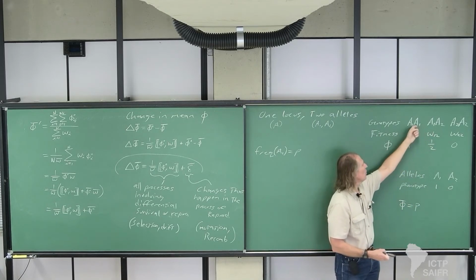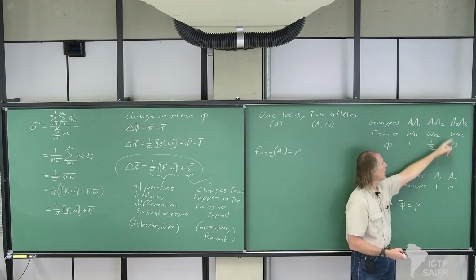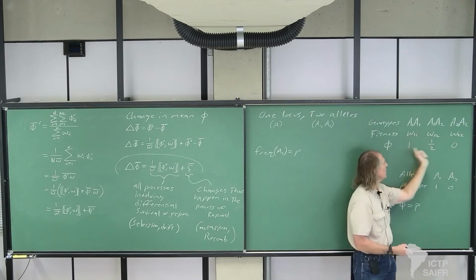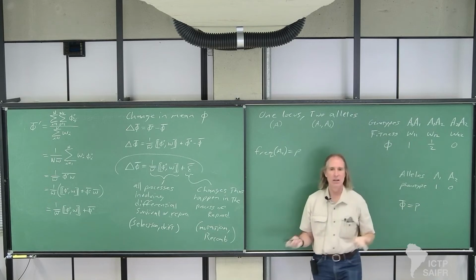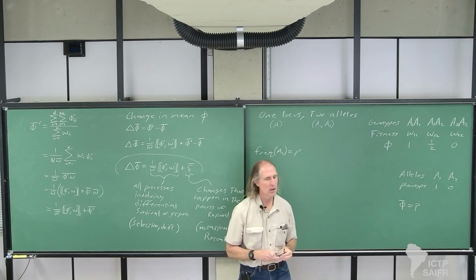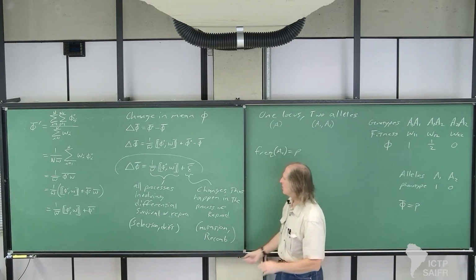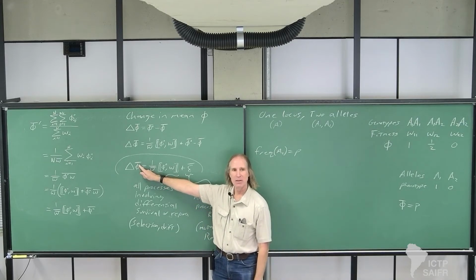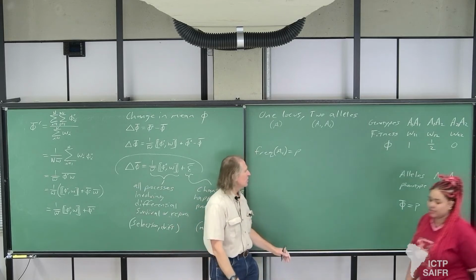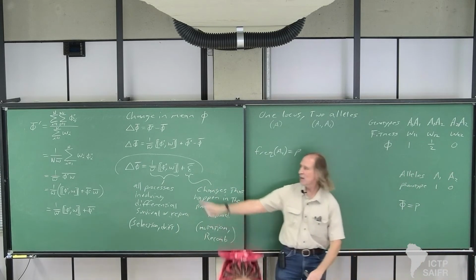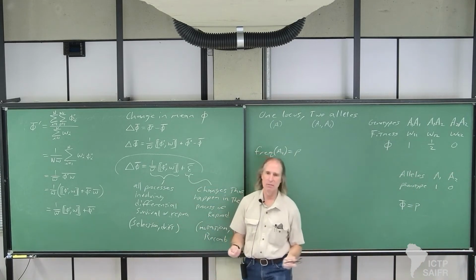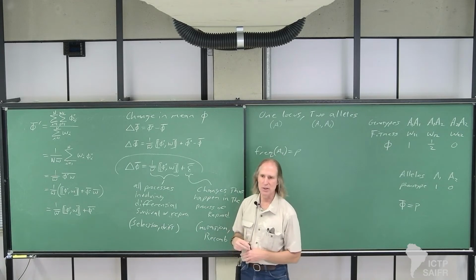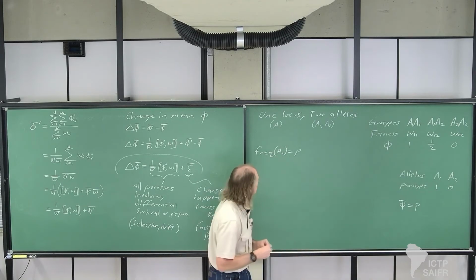If we count each of these as 1, each of these as 1/2, and each of these as 0, and we take the average of these, we get the frequency of A1. Why are we doing that? Because Price's theorem gives us a change in mean phenotype. But that means, since mean phenotype is p, we can use that to get the change in p, the change in allele frequency. Make sense?